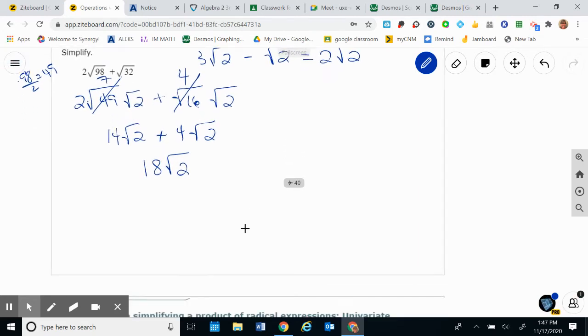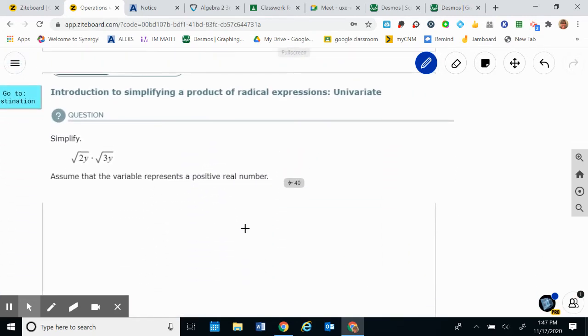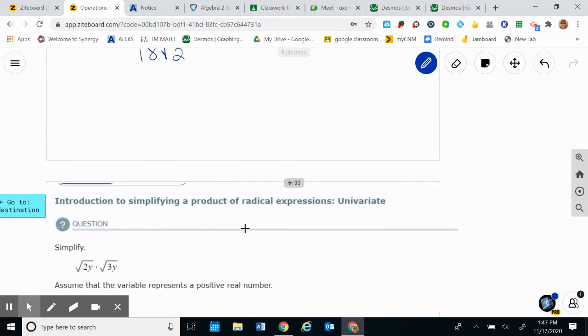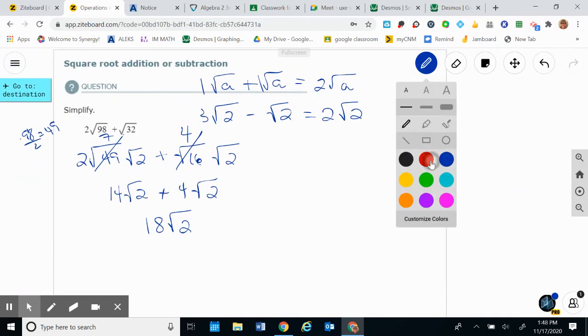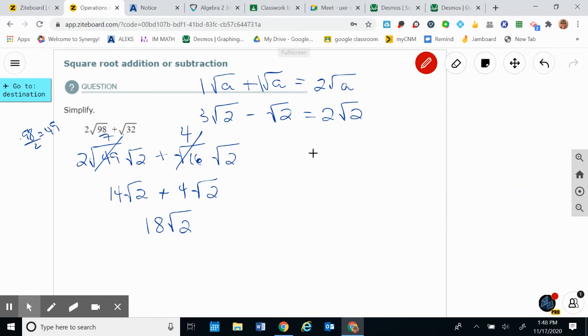Let's see if I have another one of these problems. I probably did. No, I didn't. Let's go back. So if you wanted to do something like a second problem, let's say you had 3 times the square root of 30. Sorry, let me think. Let's do 32.